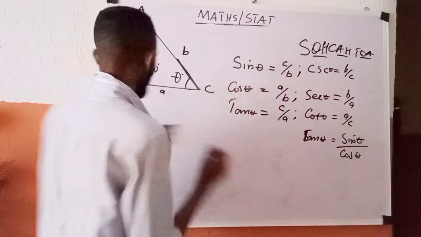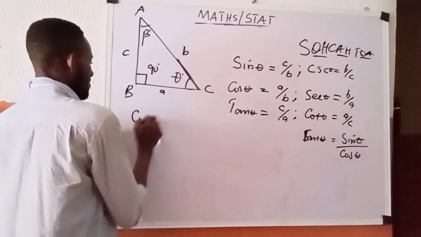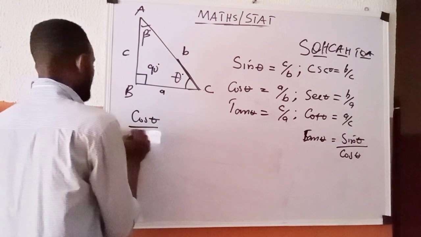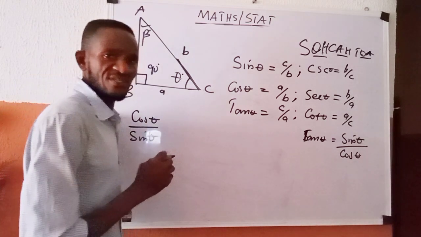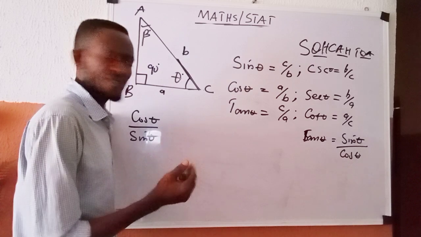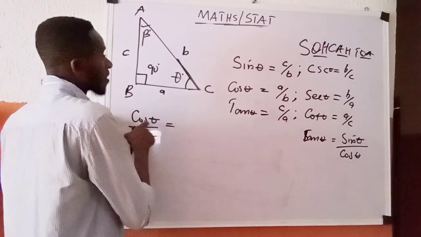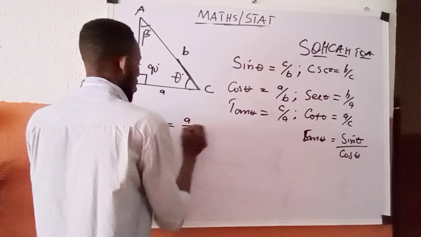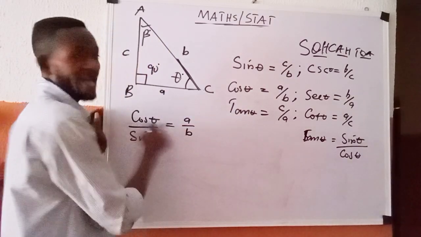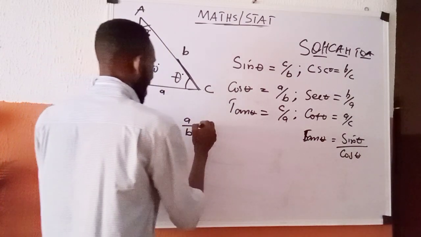I now come over here and I will say cos theta all over sin theta. What will it give us? How can it help us? It equals, cos theta means A all over B. So I have A all over B. This sign means divide by. So I have divide by.